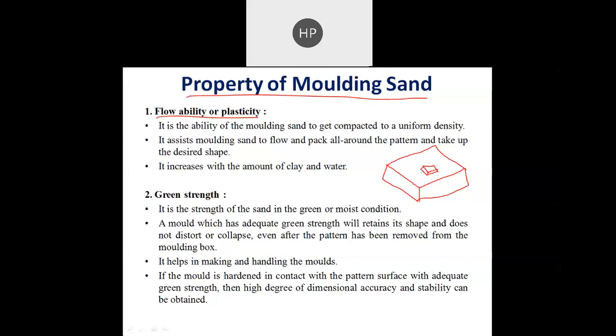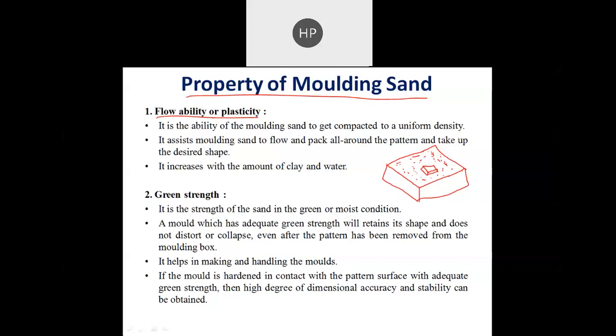Now we have to fill the sand all around this pattern into the mold box, and we use ramming, which is one kind of hammering operation, to compact the sand.